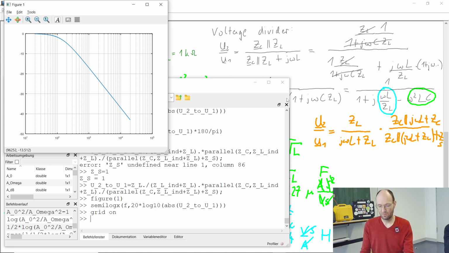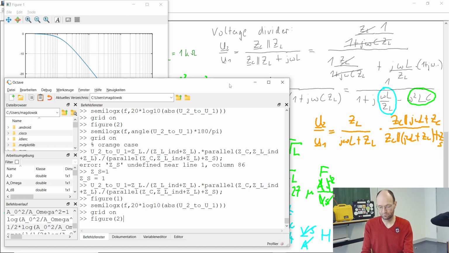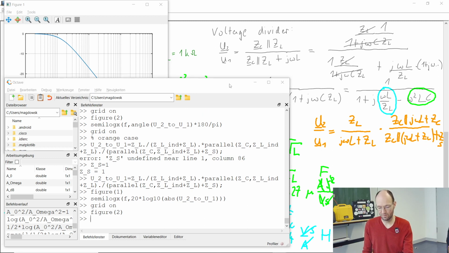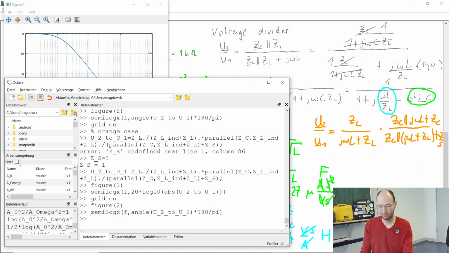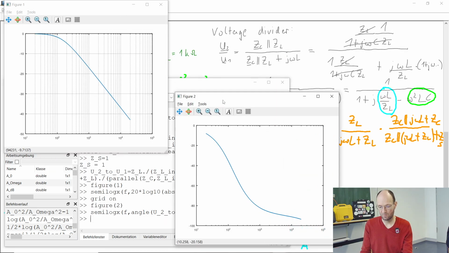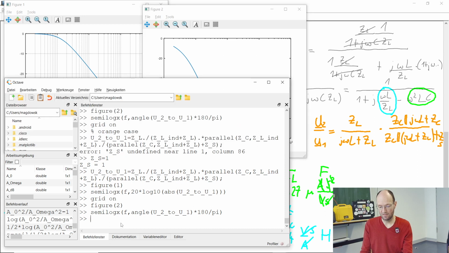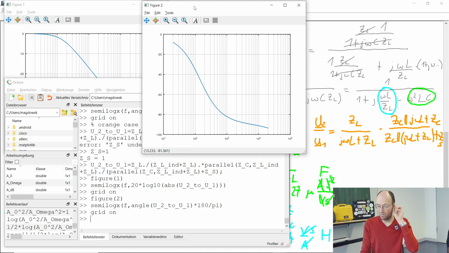If we go to a second figure and do the phase plot, and maybe also add a grid, we also only get more or less to the 90, but it looks like there is a second corner frequency somewhere, and only starting from the second corner frequency we would get the real 40 dB per decade of attenuation.